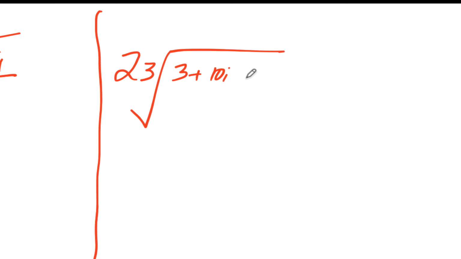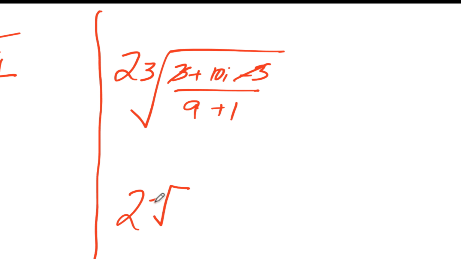Plus 3i square, so i square becomes minus 1, so we can say that as minus 3, divided by 3 square minus i square, so that would work out to be 9 plus 1. So 3 and 3 get cancelled, we have 9 plus 1 and 10i on the top. So basically, what we have is 2 times the cube root of i.